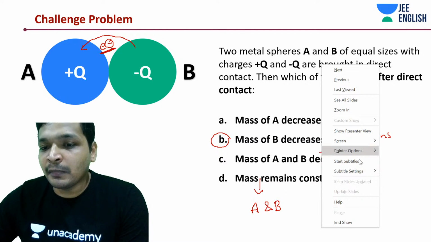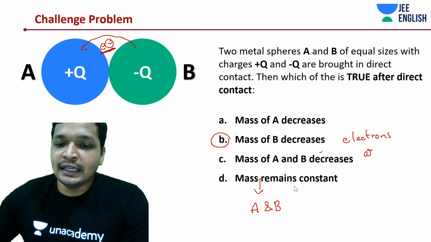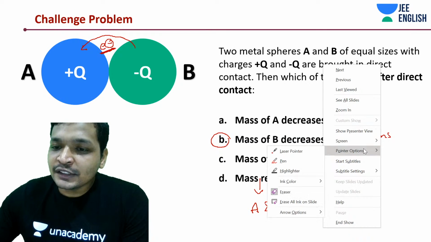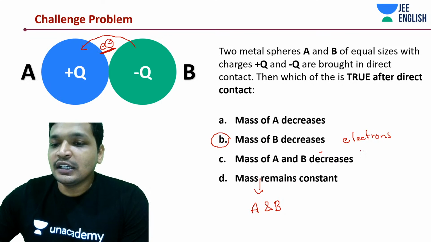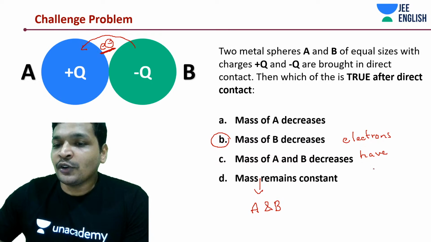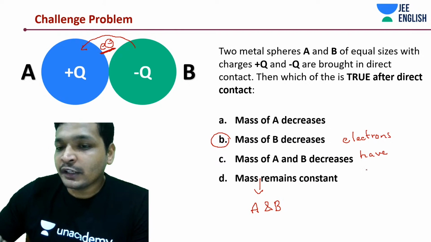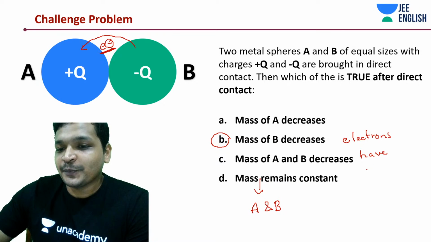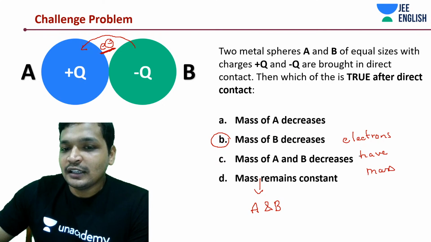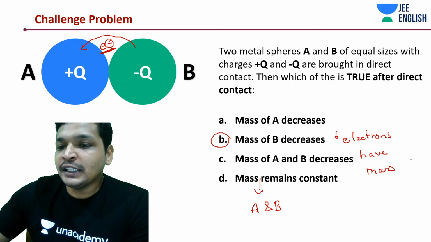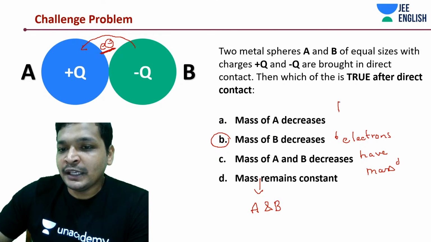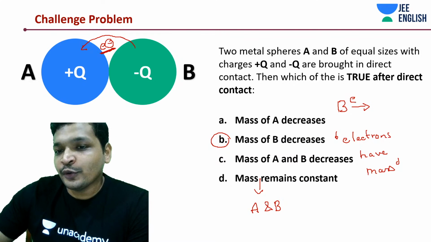Isn't it, guys? So along with the transfer of charge, some mass is also being lost. If electrons are flowing, the mass is also being lost. So the mass of B would decrease, since the electrons are flowing from B to A.